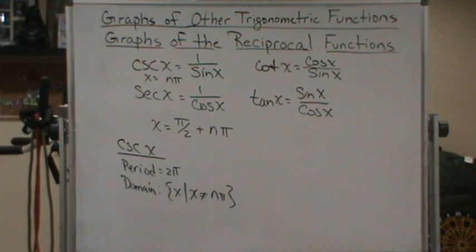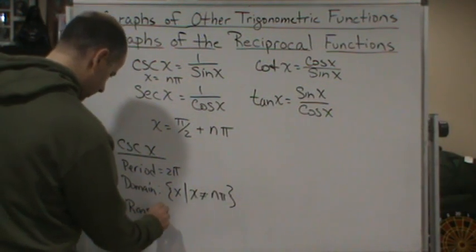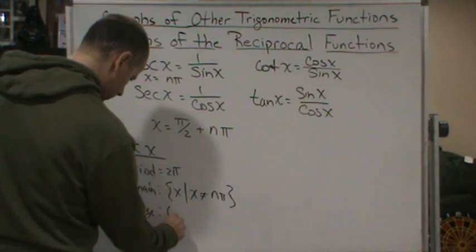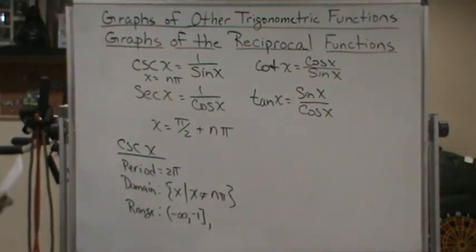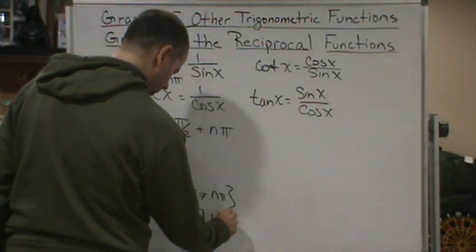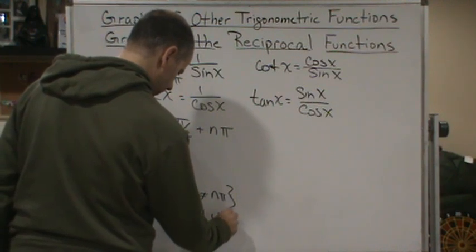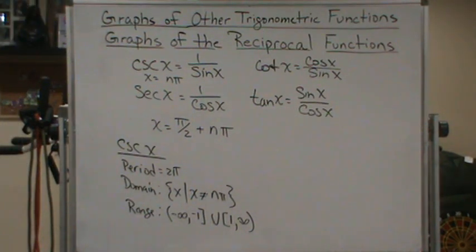Now the range for these is going to be from negative infinity to negative 1, union 1 to positive infinity.